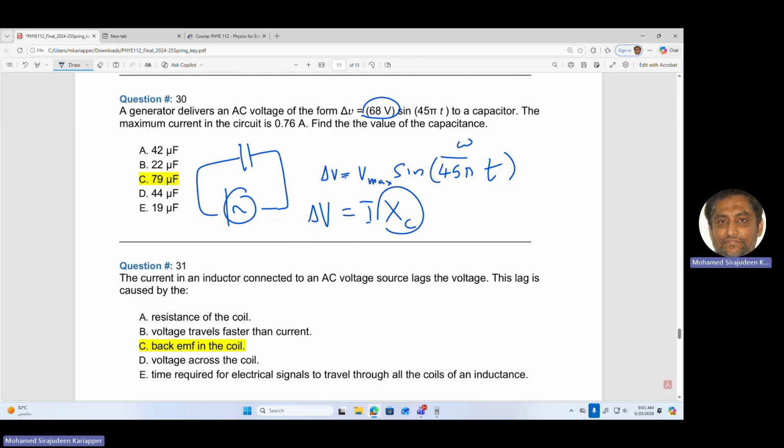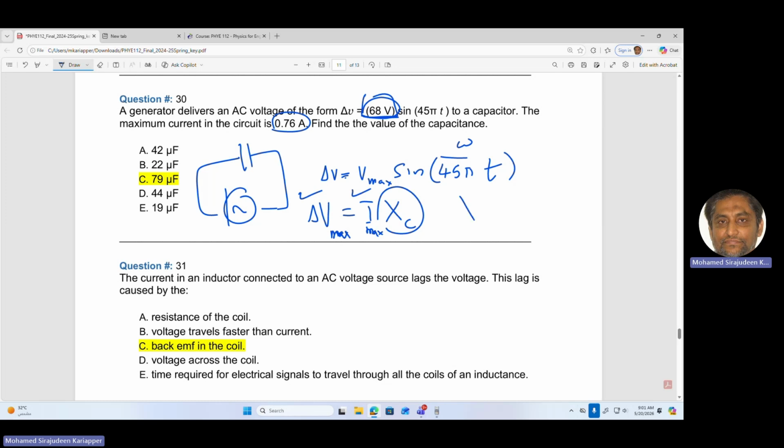So it is valid for RMS or maximum. Here the value we are getting is the maximum voltage, so I would say delta V max is equal to I max Xc. The maximum voltage is this and the maximum current is this. So we know this, we know this, so we can get the reactance.